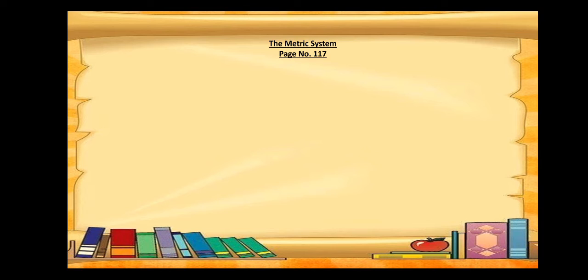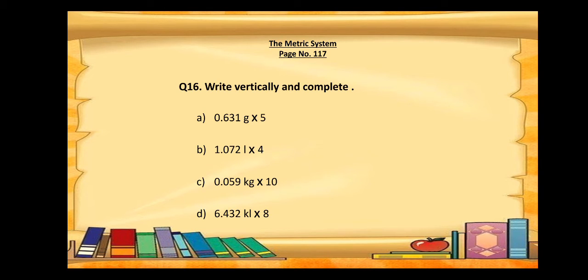Now open your notebooks and books. Write down the topic, the metric system, and page number 117. We have to do question number 16. It has 4 parts. And now I hope you understood how we can multiply and you can do all the questions.